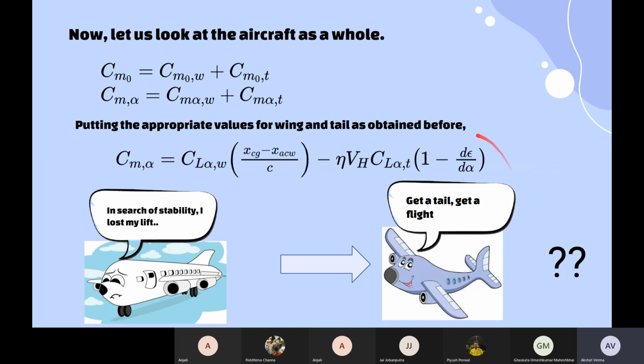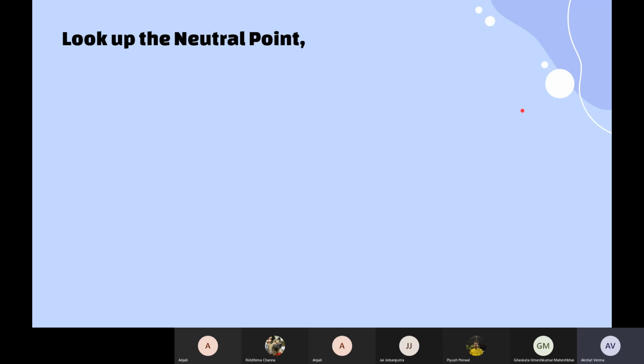Remember the neutral point and all those things. The main reason was that for a wing only configuration, we were not allowed to move our center of gravity beyond the aerodynamic center. So can we do that looking at this equation? Can you infer that we can do that? As I was saying, look up at the neutral point.